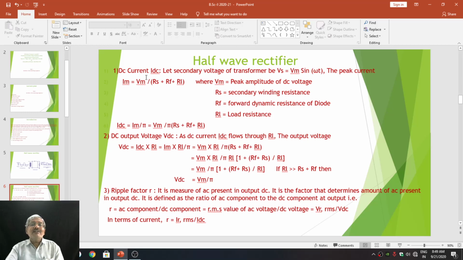By knowing the magnitude of the peak current, one can determine the DC current. The DC current IDC is given as Im upon pi, especially for a half wave rectifier. By putting the value of Im in this equation, we get Vm upon pi into Rs plus Rf plus RL.